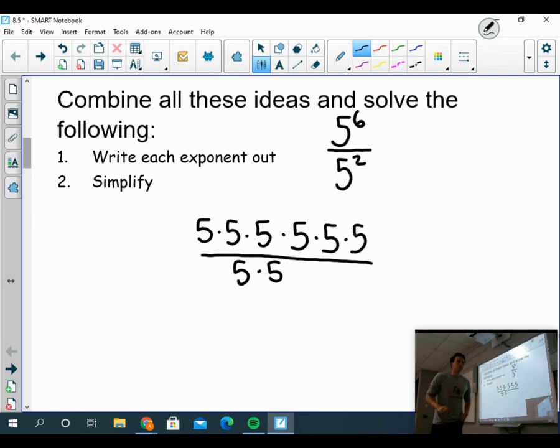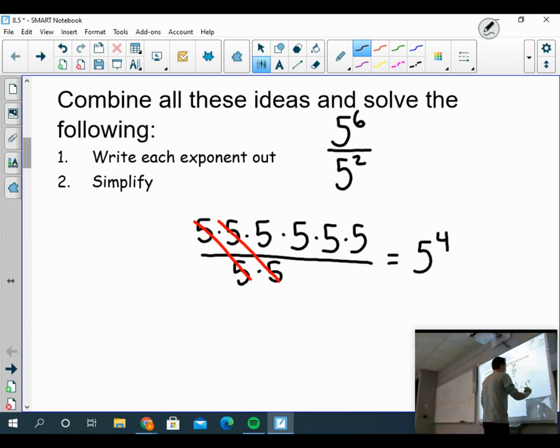Then, when everything is connected on top by multiplication and on the bottom by multiplication, and we have the same thing on the top and the bottom, we can cancel out. This leaves us with 5 to the 4th power, which we could write out as 625, I believe is what that comes out to be.